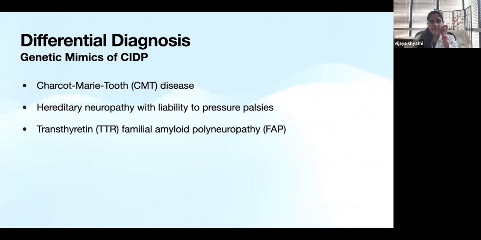There are also some genetic mimics of CIDP that we need to rule out before diagnosing CIDP, like Charcot-Marie-Tooth disease and hereditary neuropathy with liability to pressure palsies. These both are characterized by conduction block. Transthyretin familial amyloid neuropathy is also one of the genetic mimics that we need to look for.